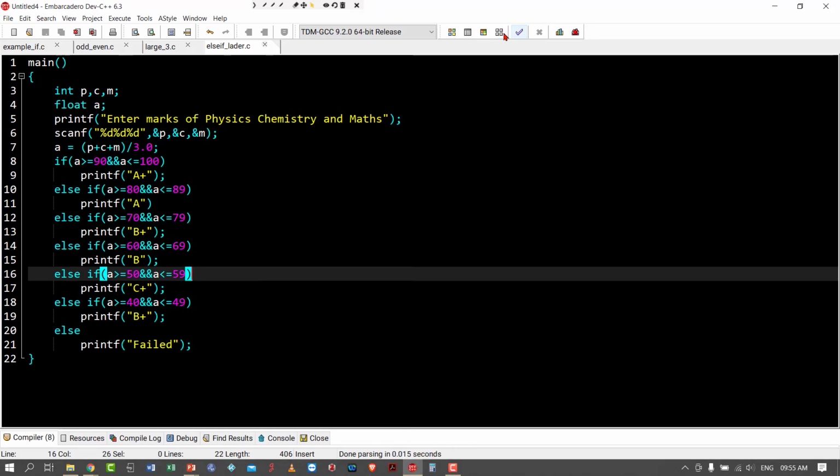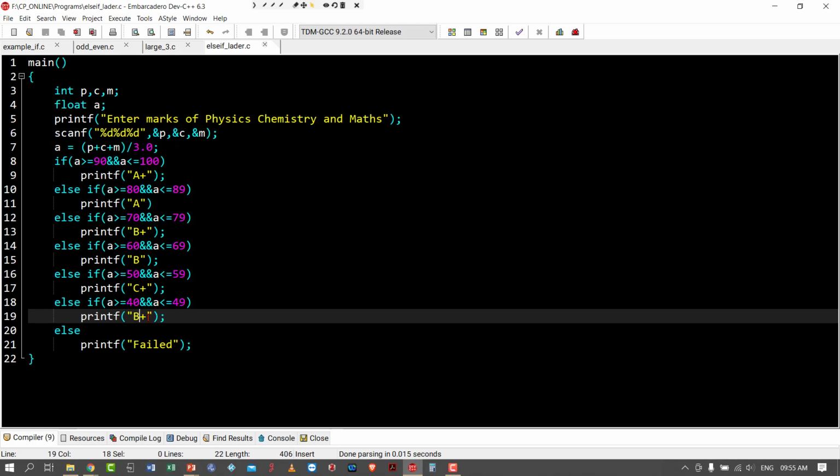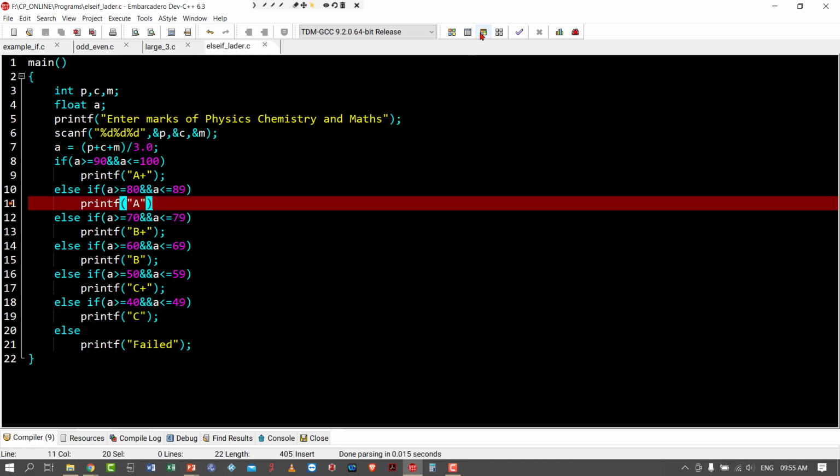So I'm executing the program. It should be C, sir, in the 19th line. Okay, C. It should be C. Okay, here I have to put a semicolon. I missed it. That's the error.